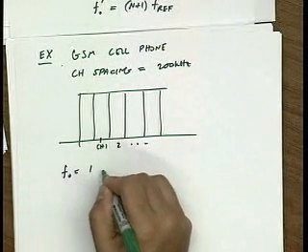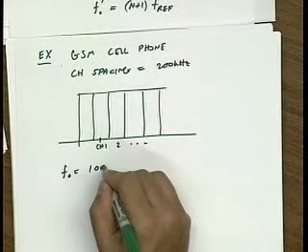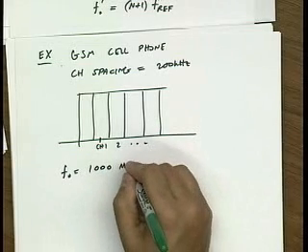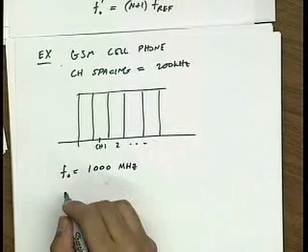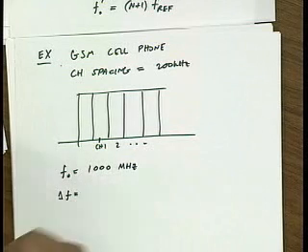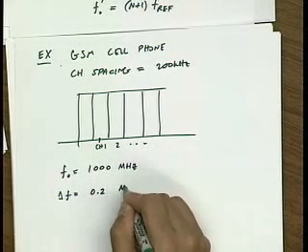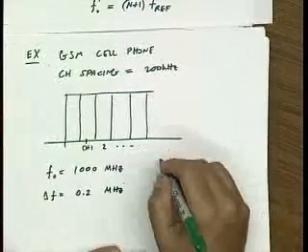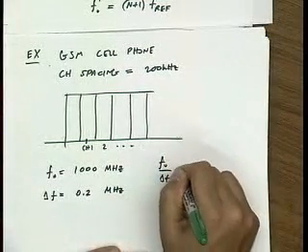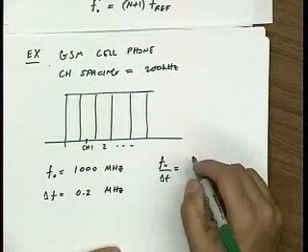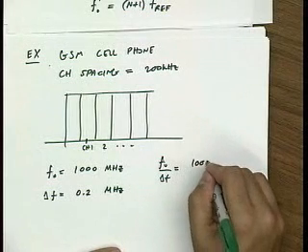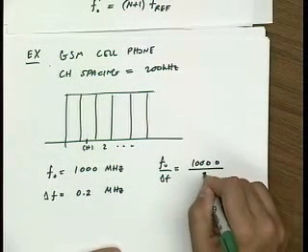Just for simplicity, let's use a gigahertz. So I have 1,000 megahertz, and my channel spacing, delta f, is equal to 200 kilohertz, or 0.2 megahertz. So f naught over delta f is equal to basically 10,000 divided by 2, is that right? Or 5,000.